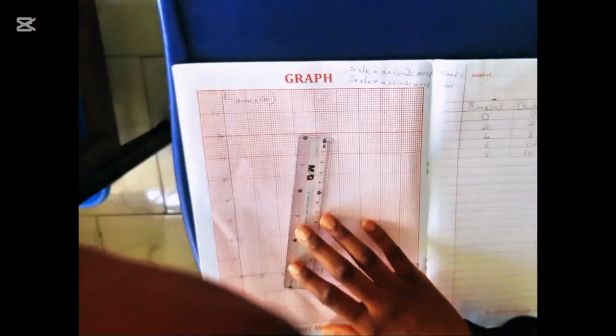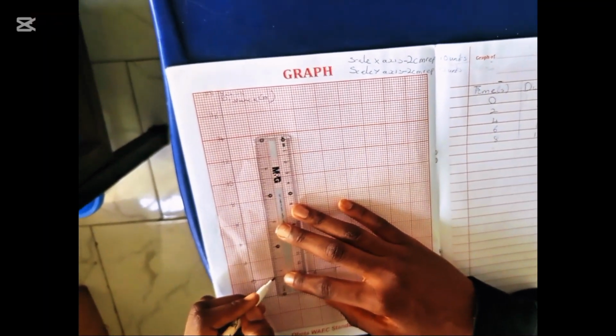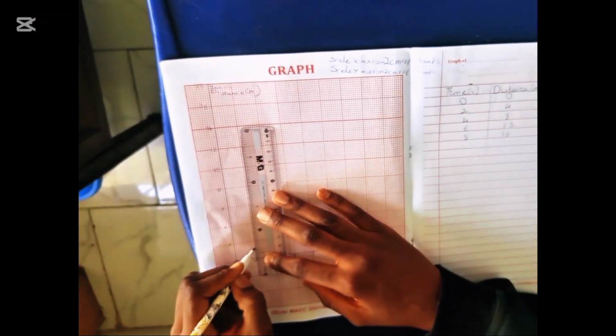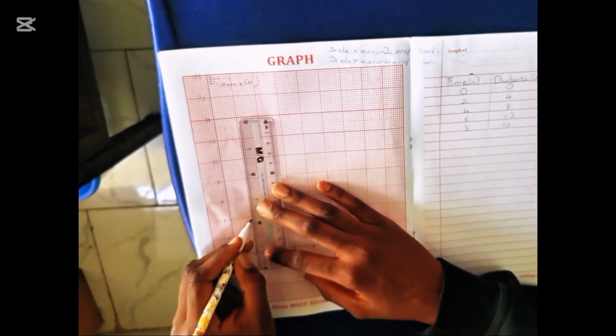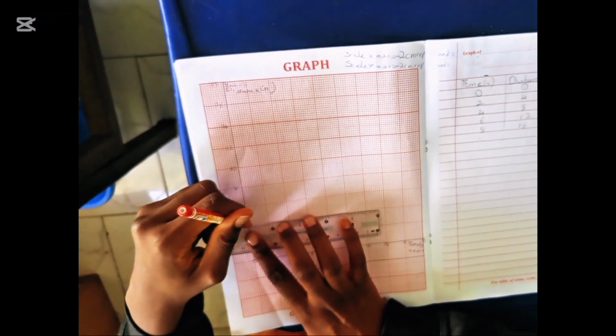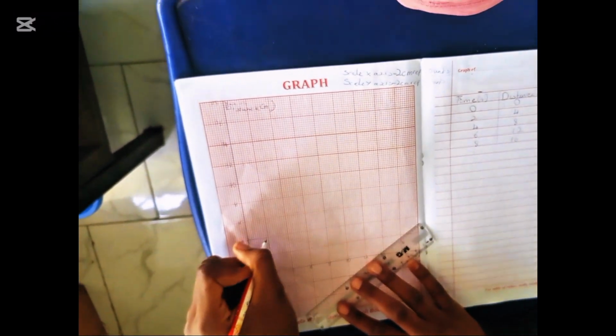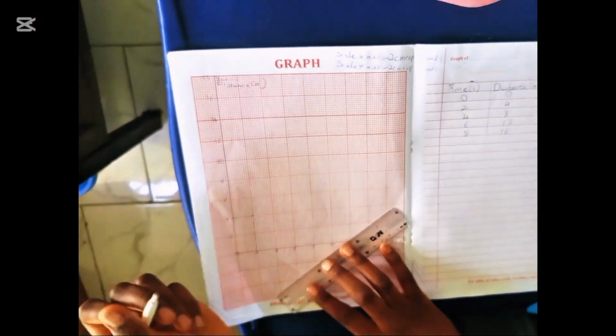So we're going to start plotting. 2 and 4. So we'll just put a little dot where they both met.